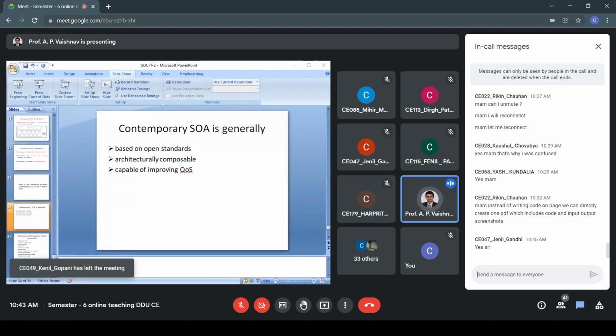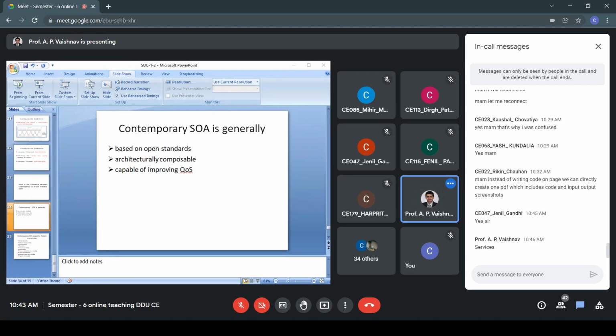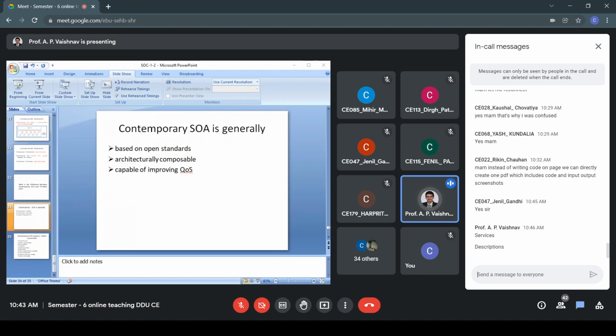In the primitive version, we basically use the concept of XML, or you can say the WSDL file. There are three components, if you remember. The first is services, right? The second component is descriptions, and descriptions we are designing in the form of WSDLs, right?